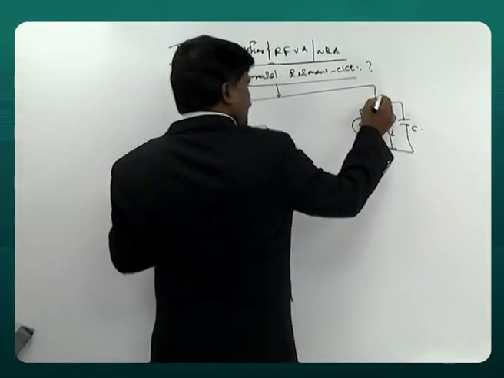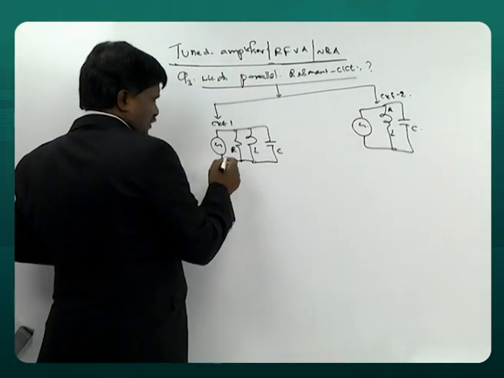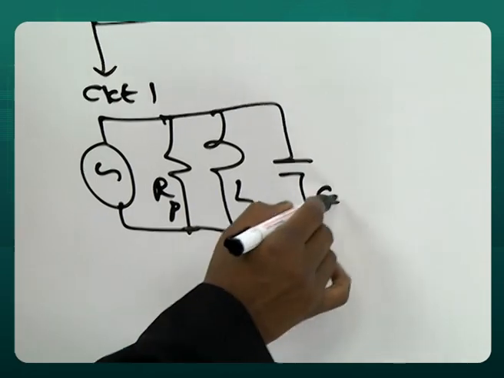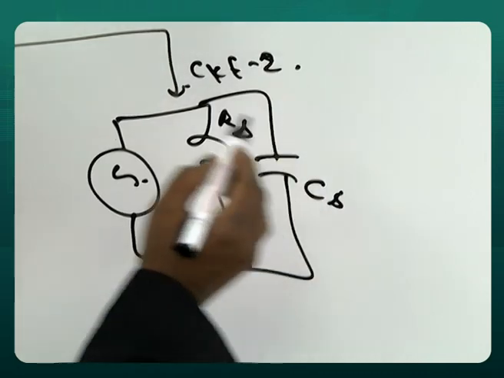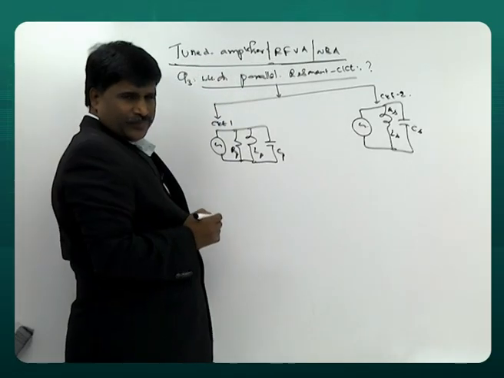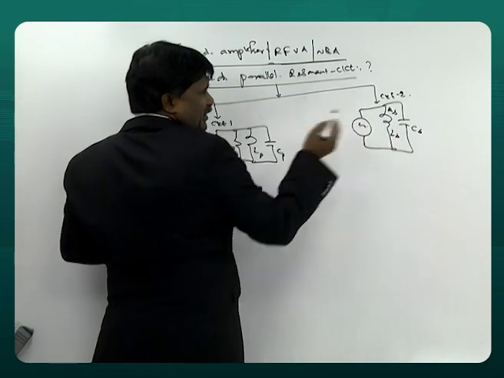Call this as circuit 2. Both are parallel resonance. Call this as RP, LP, CP, RS, LS, CS. S for series, and because these 2 are connected in series.